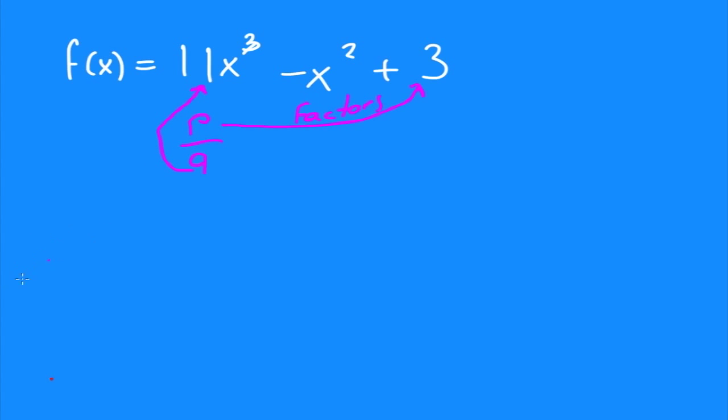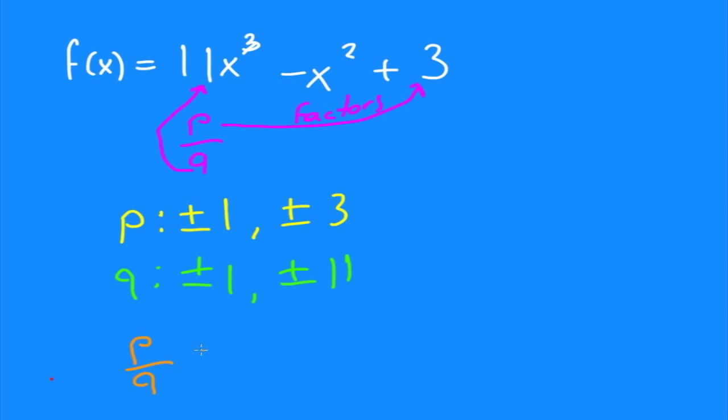Okay, now let's see. P, factors of 3: 1 and 3, right? But you're going to put a plus minus sign before them: plus minus 1 and plus minus 3. Factors of q: plus minus 1 and plus minus 11. Now what we're looking for is p over q.